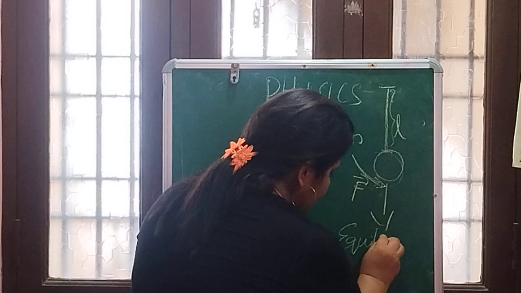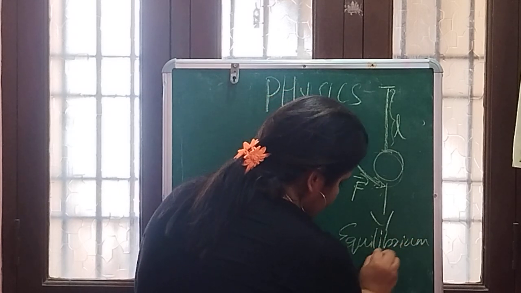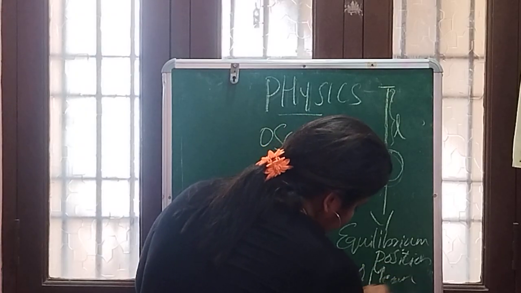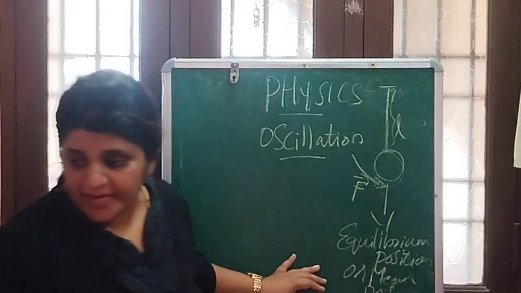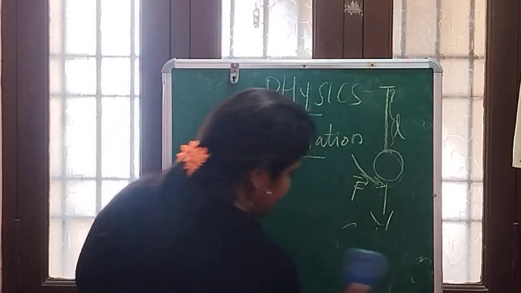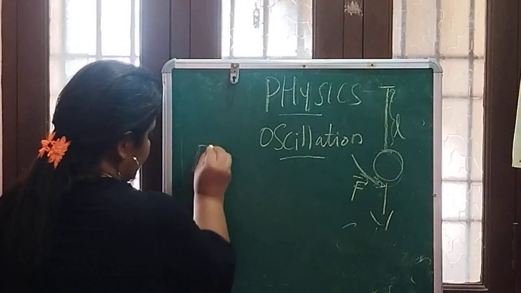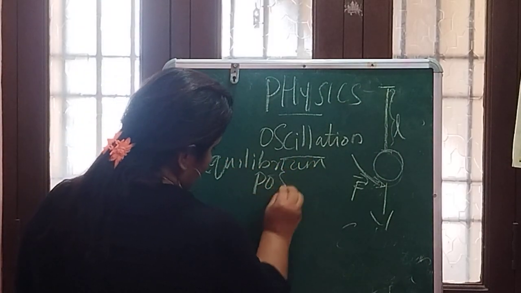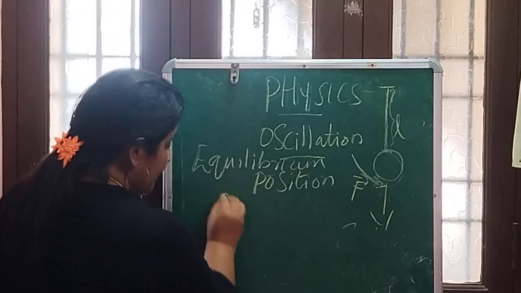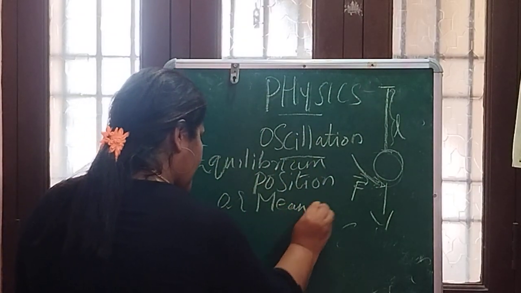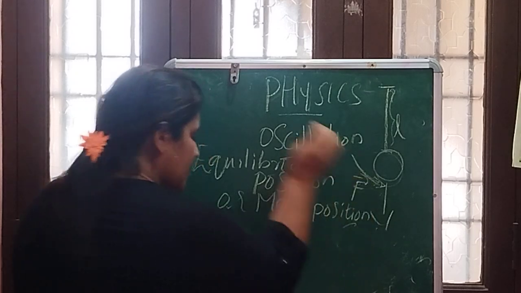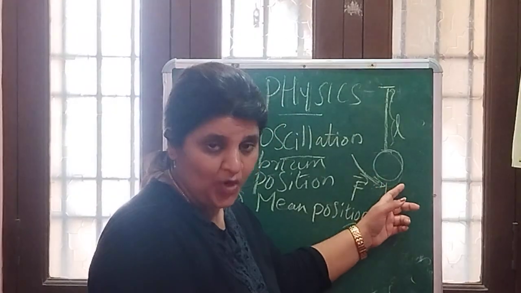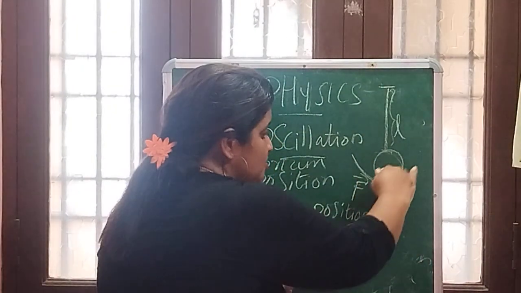Equilibrium position or mean position. That is, the equilibrium position or mean position is the position of this particular bob where no external forces are acting on it.